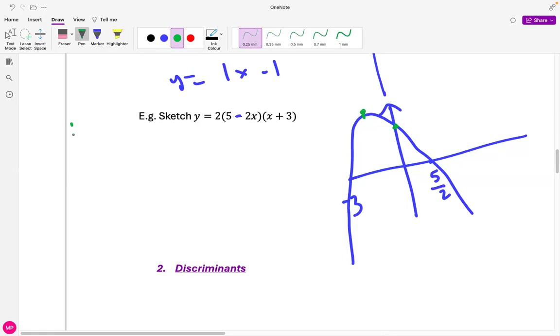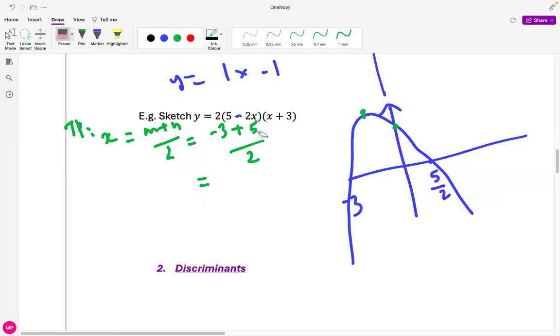Okay. So to find the turning point, we take the average between -3 and 2.5. So x equals, to take the average, we do m plus n divided by 2. m and n are the two x-intercepts. So -3 plus 5 over 2, divided by 2. Or you can use 5 over 2 as 2.5 if you want to.